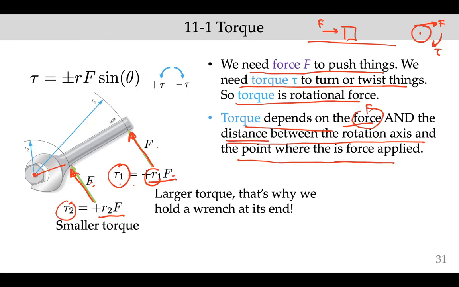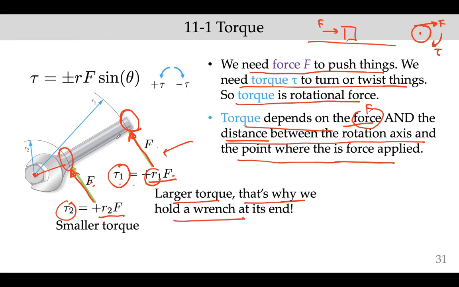So the effect is different in these two cases. If you push it from the end, you get a larger torque. And that's indeed why we hold the wrench at its end. We never hold the wrench here. We hold it or push it from its end because it creates more torque.